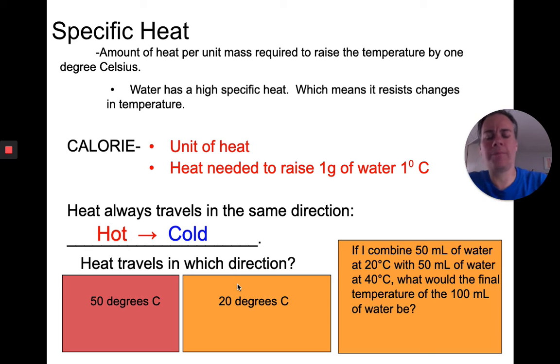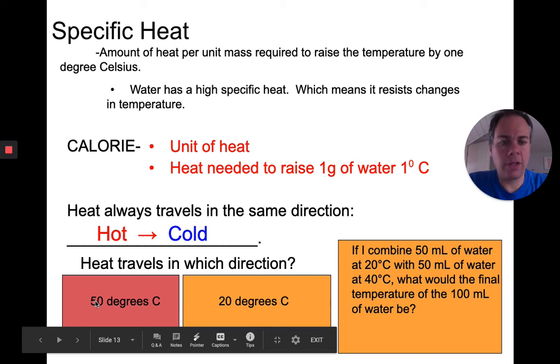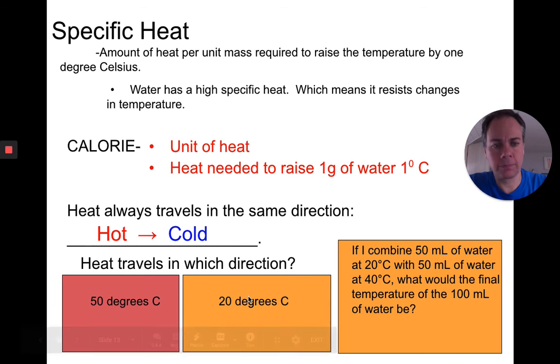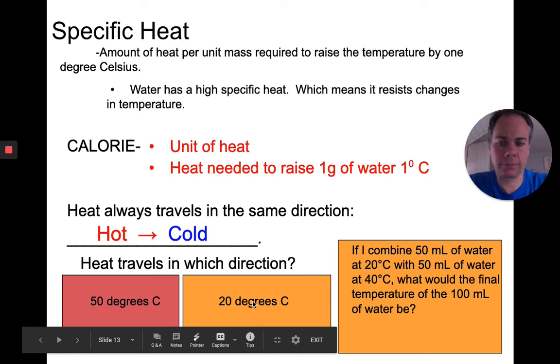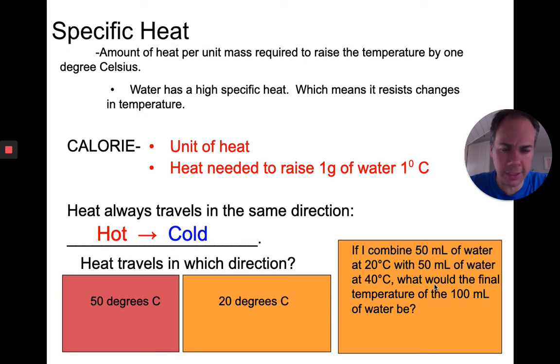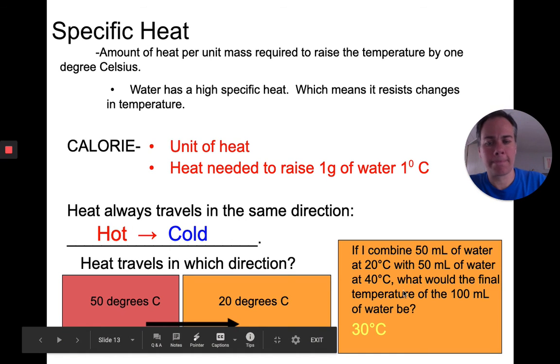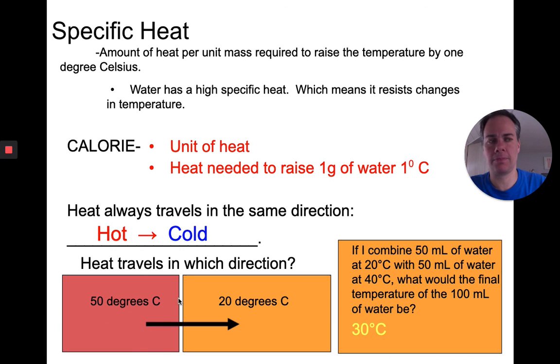If we were to combine 50 milliliters of 20 degrees Celsius water with 50 milliliters of 40 degrees Celsius water and mix those two together, they're the same amounts. What do you think the final temperature would be of that 100 milliliters? It would be 30 degrees Celsius. Okay. And if we put these 2 objects next to each other, heat will be transferred from the warmer object to the cooler object until they've reached the same temperature.